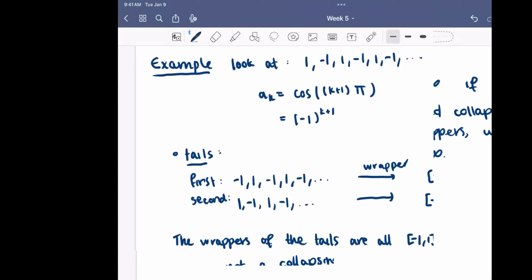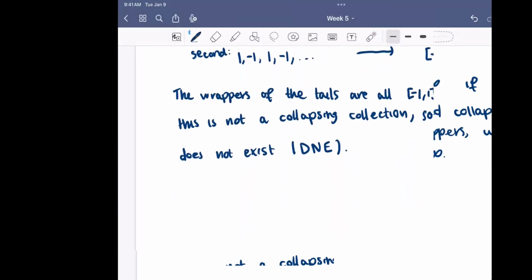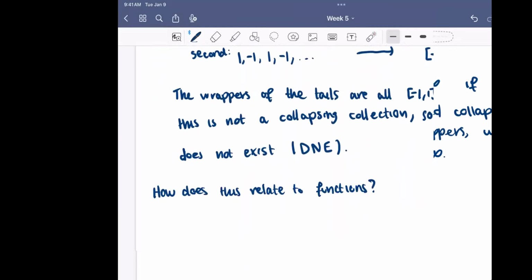I'll make one final comment, on how to relate this back to functions. In a way, a sequence is a function, but it doesn't tell me what to do with every real number. It just tells me what to do with the positive whole numbers. So a sequence is a function.